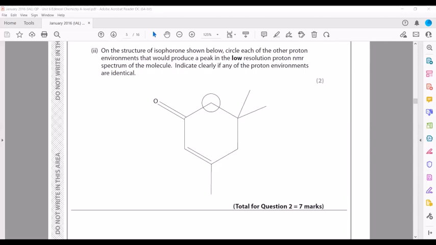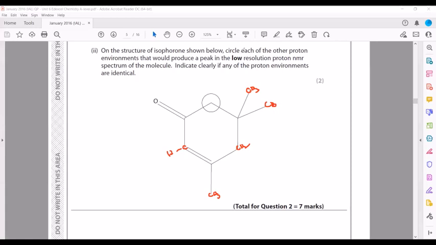Basically, we have to identify the total number of proton environments. So this will have 1, 2, 3. This will have 1 hydrogen. This will have 3 hydrogens. This will have 2 hydrogens. This will have 3 hydrogens, and this will also have 3 hydrogens. So how many hydrogens indicate if any proton environments are identical.